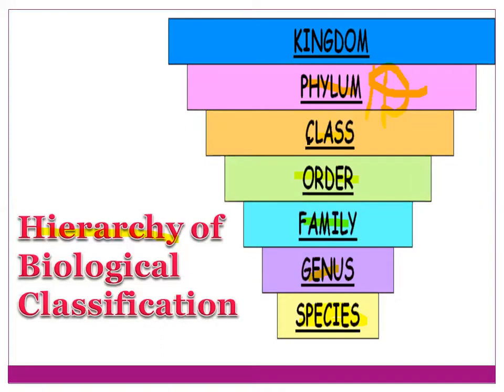If you have a particular species, you have to place that single organism into all these groups. You have to decide to which genus, family, order, class, division, or kingdom that particular species belongs. Understand? So this is the classification. These are the systems.